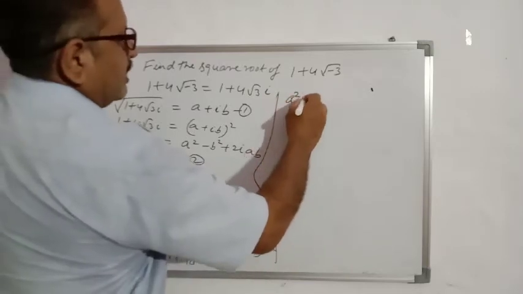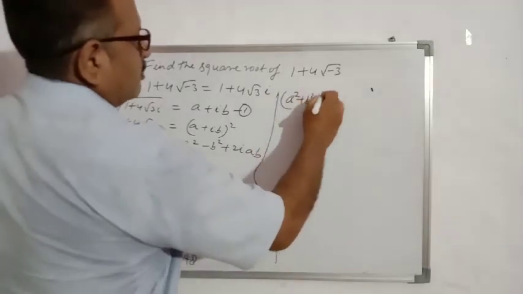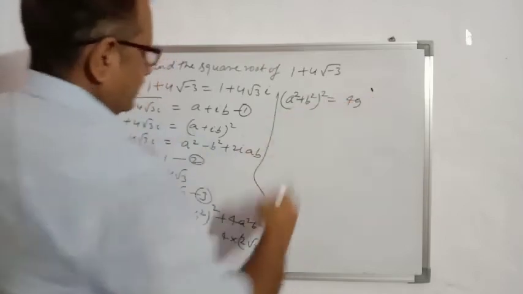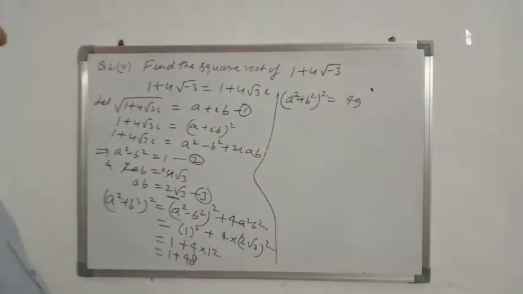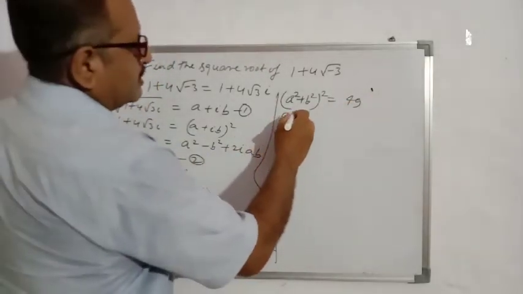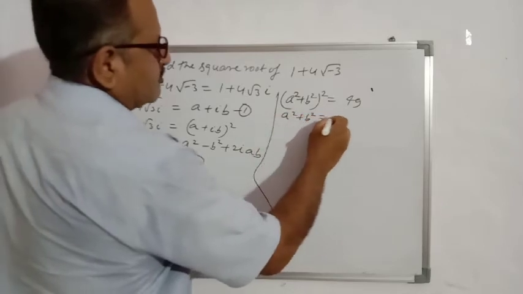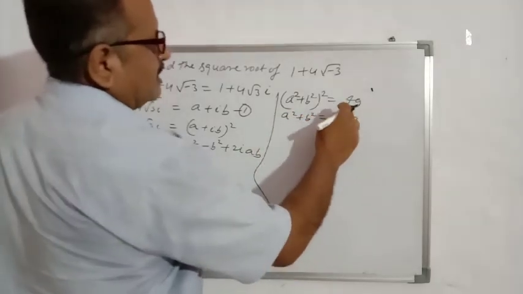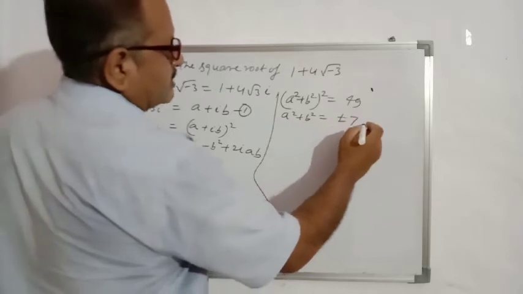So (a square plus b square) whole square is 48 plus 1, which is 49. a square plus b square will be plus minus 7, the square root of 49.